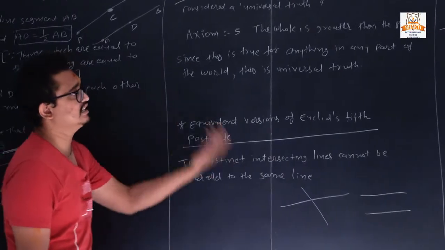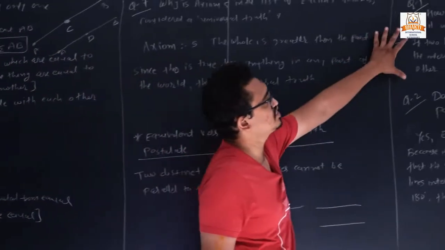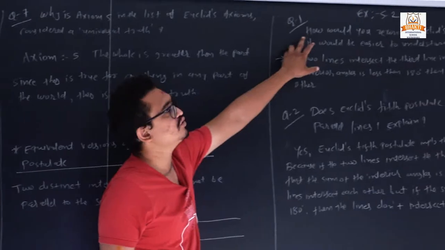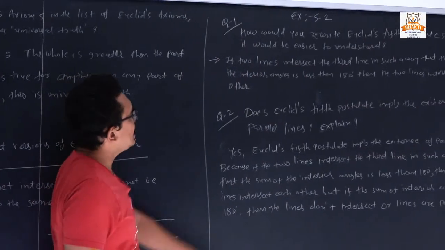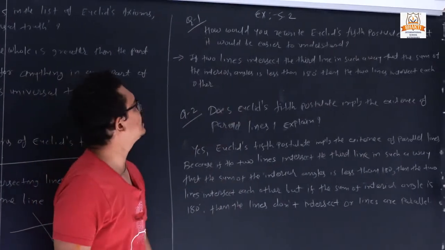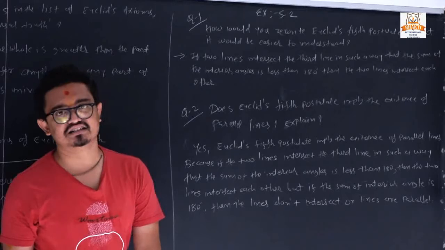See this question in exercise 5.2, question number 1. How would you rewrite the Euclid fifth postulate so that we can easily understand?